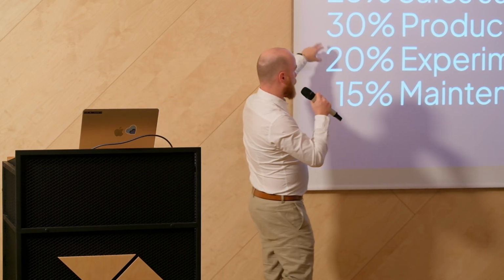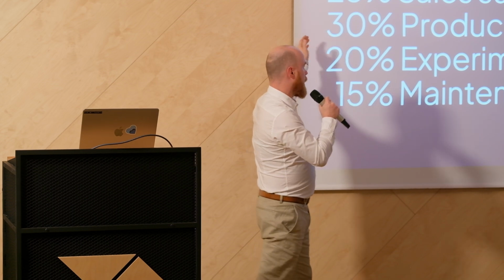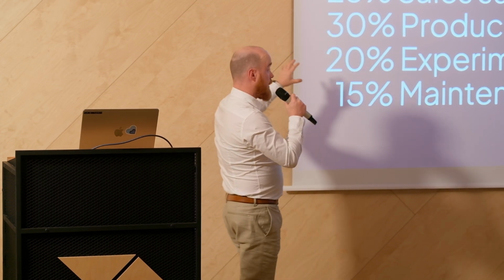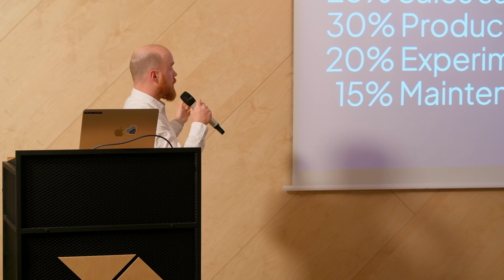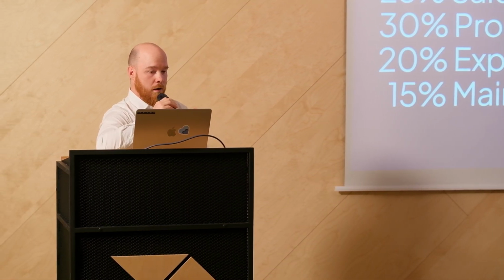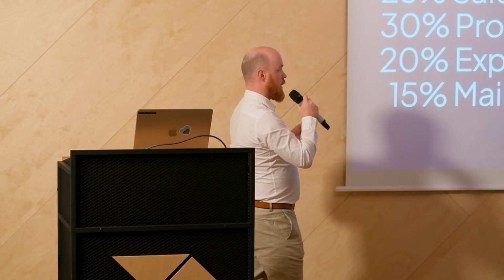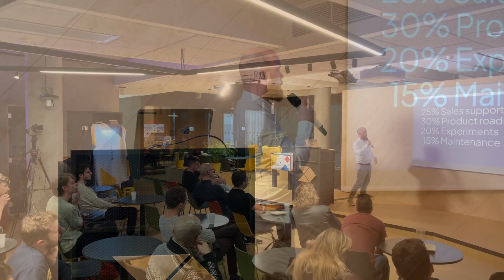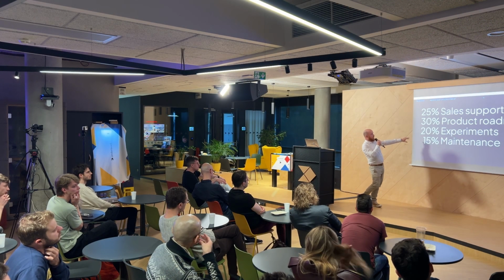But if we separate it, we do a little bit more of the product work and some of the experiments. Sometimes the experiments are landing pages, but sometimes they're exactly in-product A/B tests or some sort of new behavior for upselling, promoting some integrations, promoting some sort of usage that we want from users. And then some 15% of maintenance.